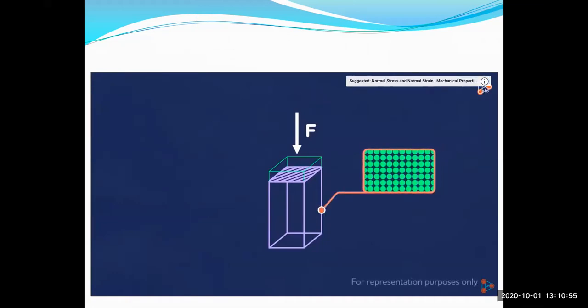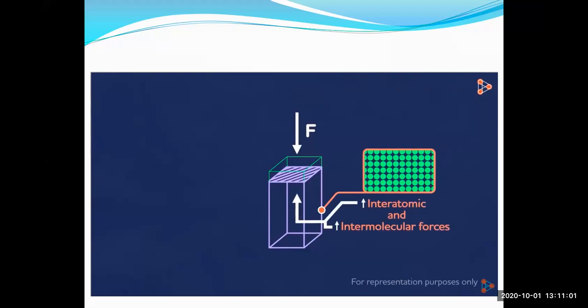The atoms inside are little too close than they want to be. This results in interatomic and intermolecular forces, and if the applied force F is within the elastic limits of the material, these forces bring back the object to its initial state when the applied force is removed.